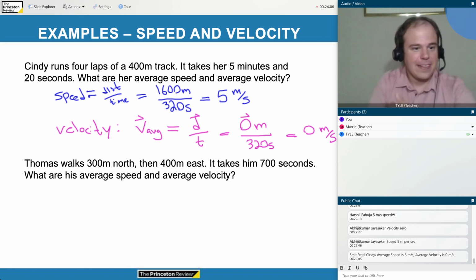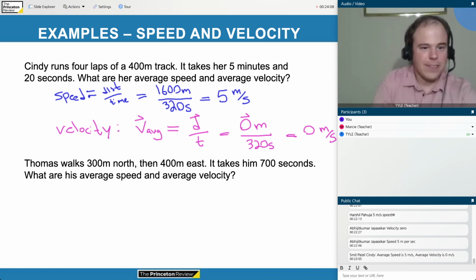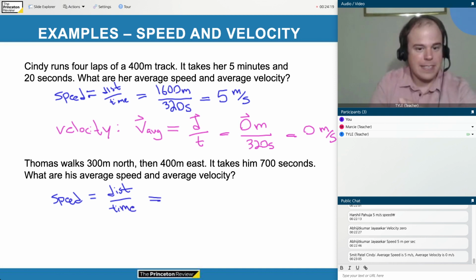Now let's talk about Thomas. First is speed, right? Remember, speed equals distance divided by time. All right, and we said that the distance that Thomas covered was 700 meters. That's the length of the full path that he took.